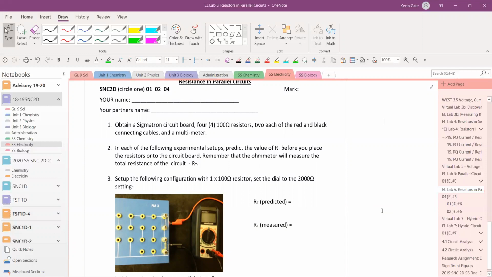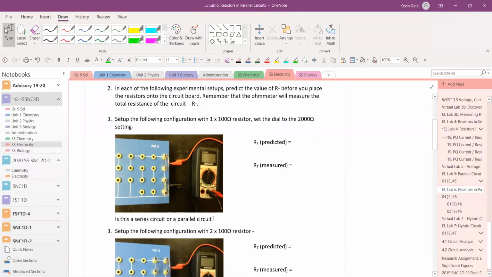So the first setup is nice and simple. We've seen this one before. It's one 100 ohm resistor in series. For this one, if we have one resistor with a 100 ohm resistance, typically we would predict that the resistance would be approximately 100 ohms.